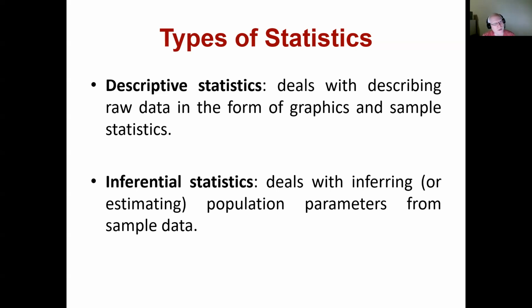We'll never know the population parameters because we haven't looked at the whole population, but using our sample, we want to try to estimate what the population parameters might be so that we can draw some conclusions about the population as a whole. And so the branch of statistics that lets us do that is referred to as inferential statistics. We'll start touching on that a little bit at the end of this course, but it's more going to be something for Statistics 2.